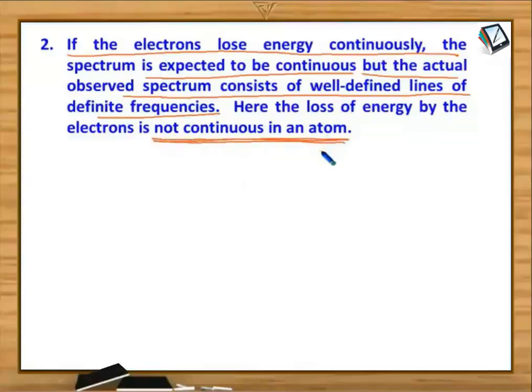At this moment, it is difficult to understand the meaning of atomic spectra; we will discuss atomic spectra in due course in a separate session in this chapter. So for a moment, learn it like this: atoms are expected to give a continuous spectrum because they are emitting energy continuously, but actually, atoms give a discontinuous spectrum. That is the second drawback of Rutherford's atomic model.